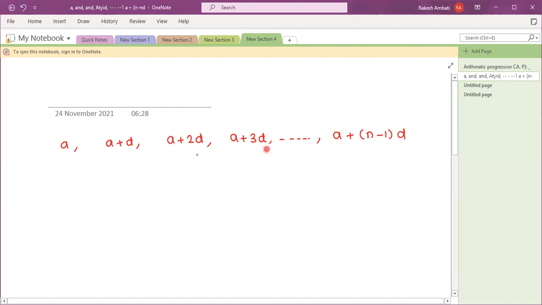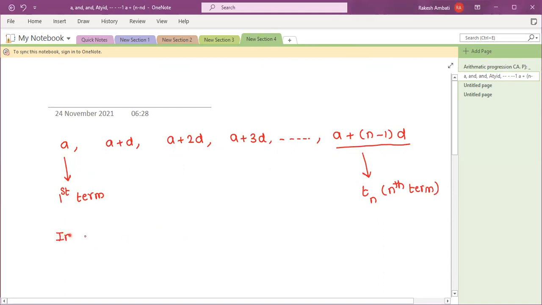This is in the form of arithmetic progression. Here a means the first term, and a plus n minus 1 into d is the nth term.